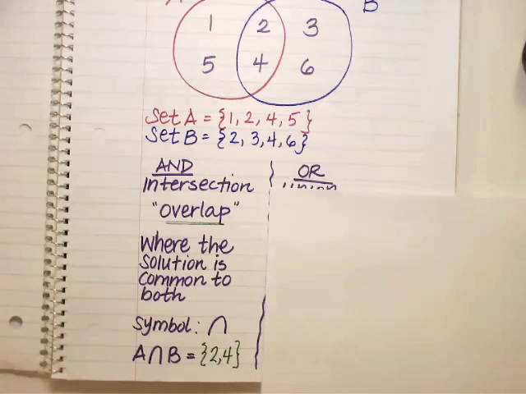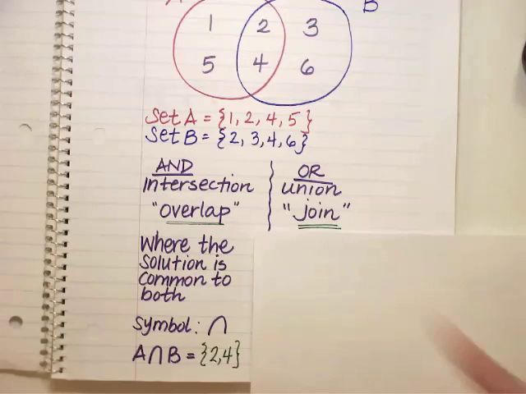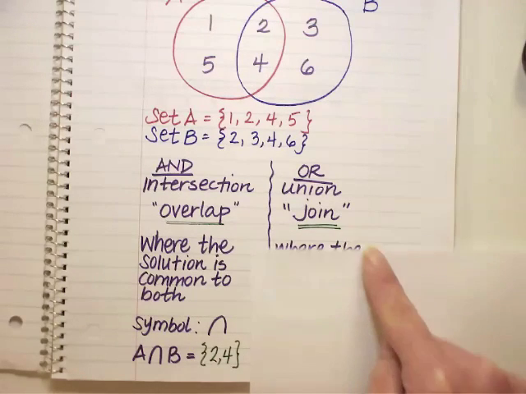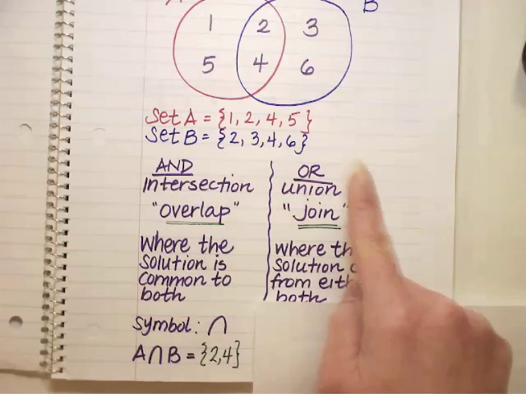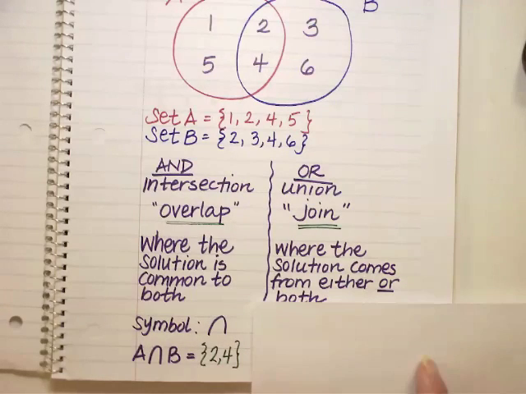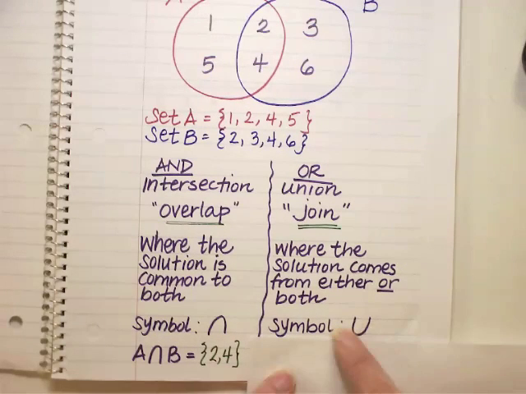Let's look on the other hand at the word or. Or is what we call a union, when you join them together. What's in A or in B? That means joining them together. We want the answers that come from either A or B or both of them together. So the symbol is a U for union.